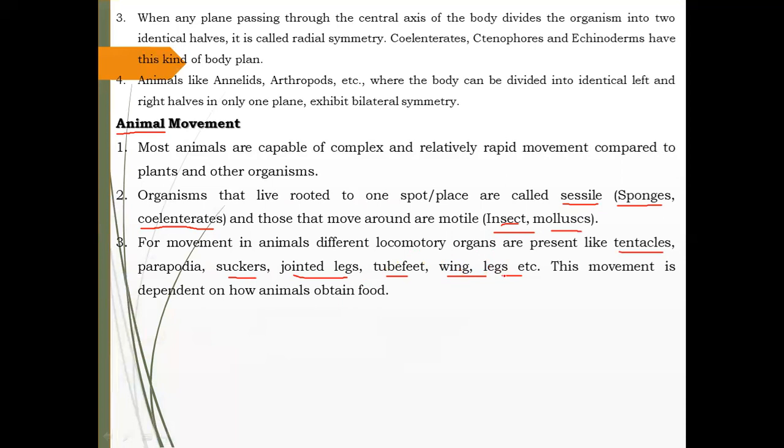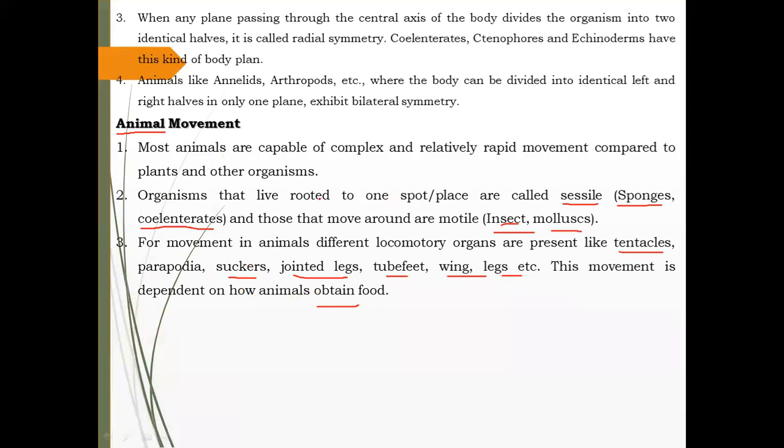Legs, for example, in human beings. This movement depends on how animals obtain food, according to food requirement and food availability; they show this movement. Particularly, it is movement for searching a new place for living, that is called shelter, for searching food material, and for searching a new partner for copulation, or mating purposes.